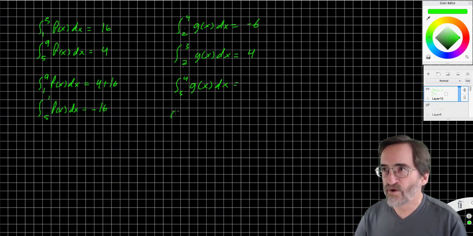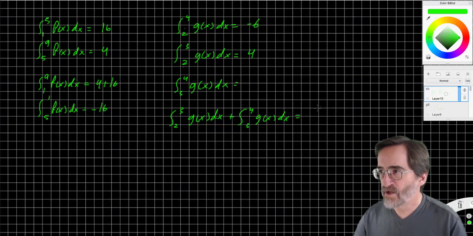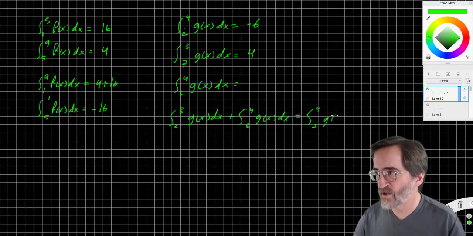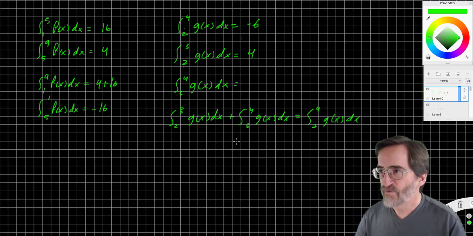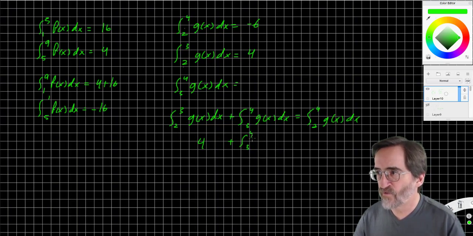The integral from 2 to 3 of g of x dx plus the integral from 3 to 4 of g of x dx equals the integral from 2 to 4 of g of x dx. Substitute: 2 to 3 is 4, 3 to 4 is unknown, so leave it.